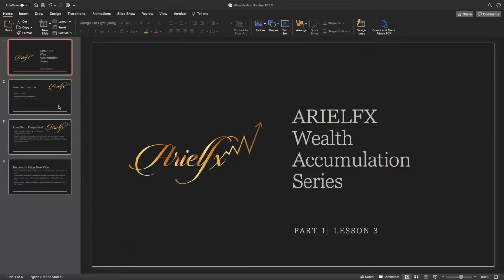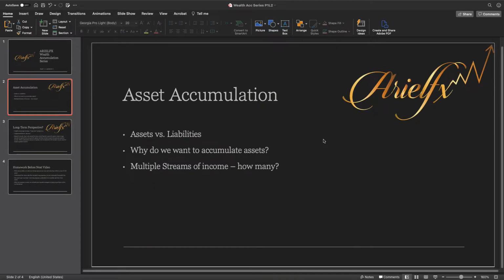So make sure you take out your notepad, sit back, and really reflect on what we're talking about here, because this is an overview. We need to understand the outline before we get into the nitty gritty. This one's going to be talking about asset accumulation.